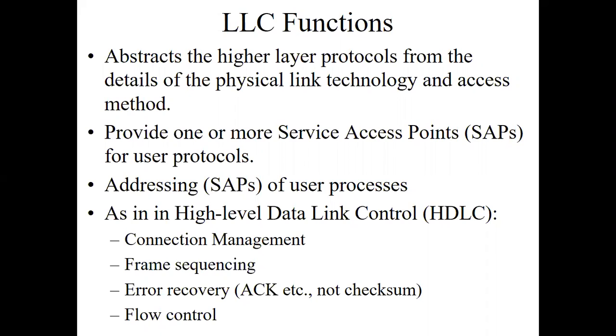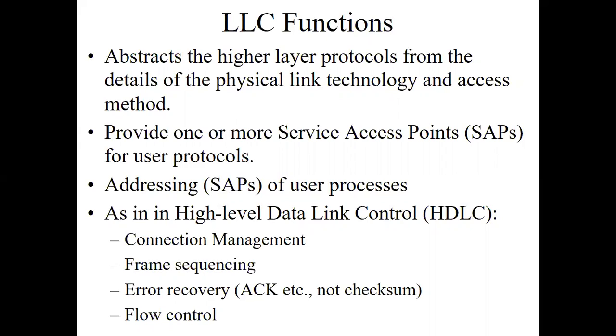Okay. So then we'll look at the addressing of users' processes under the logical link functions. Then, as in higher level data link control, we have connection management, frame sequencing, error recovery, acknowledgement, etc., and also the checksum. Then flow control. So we need to know the function of these: connection management, frame sequencing, error recovery, and flow control.